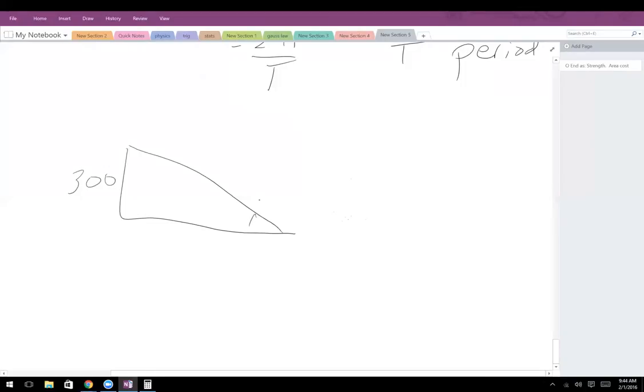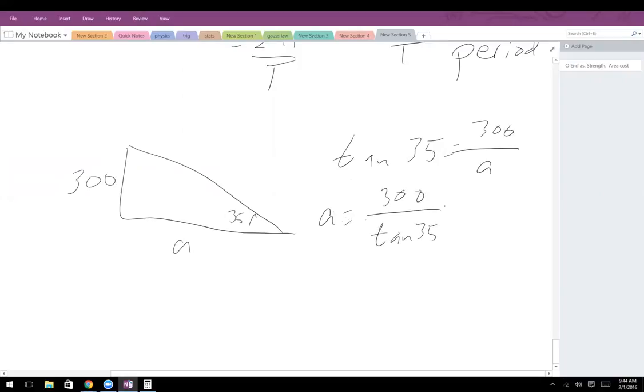Okay, yeah, that's the other thing you could do, swap and look at the other angle instead. If I wanted this whole thing, let's call it A, you've got tangent of 35 is opposite over adjacent, right? So A would actually be 300 divided by tangent of 35. Or like Caden said, you could use the 65-degree angle instead, and then it would be 300 times tangent of 65 if you'd rather do that.